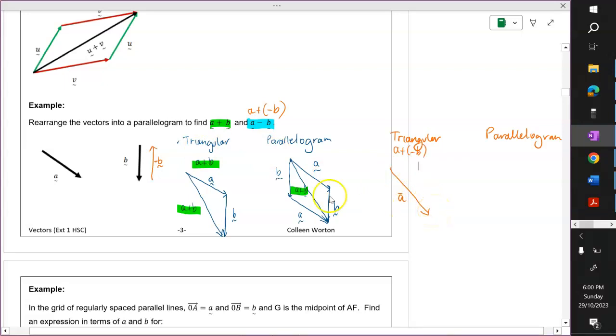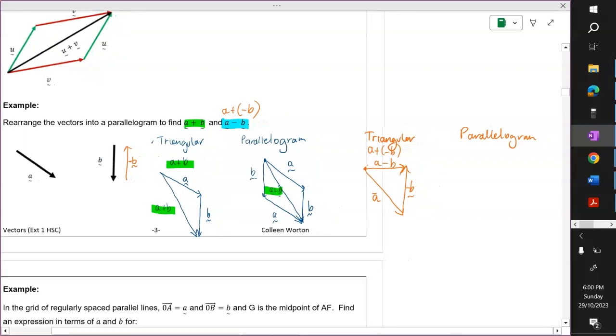Minus b is going to be this vector over here, so it has to go to the tip of a, and it's going to go up here like this. That's my minus b. So the addition of those has to be from here, the tail, to the tip. So that would be a minus b. Mine's a little bit out of whack in terms of size, but we can see what's happening there.